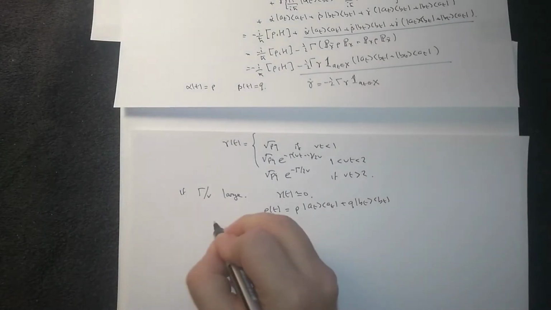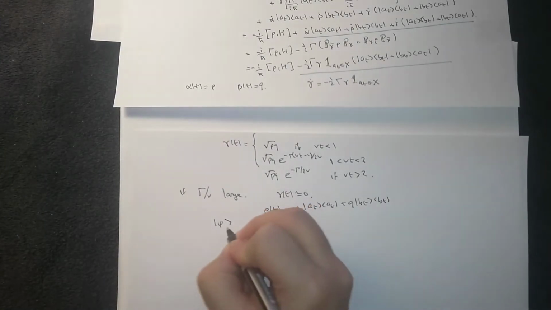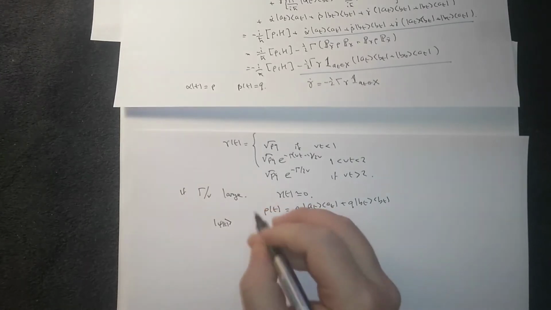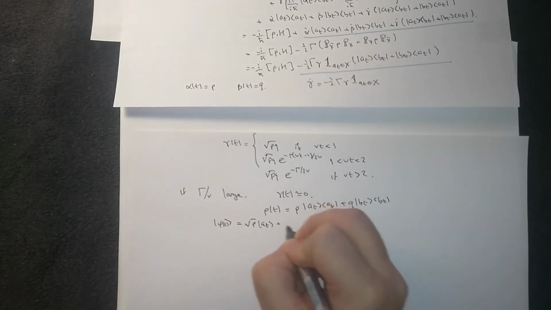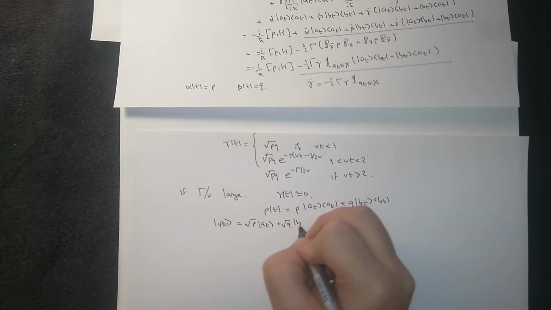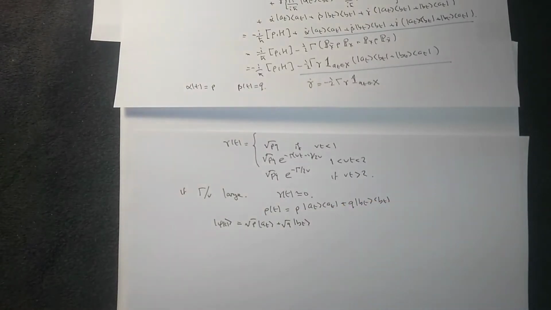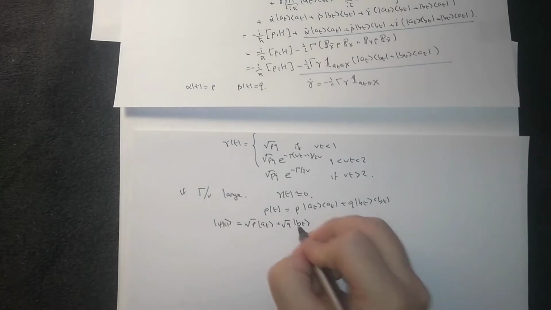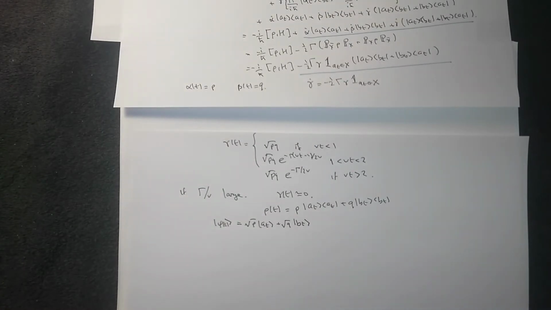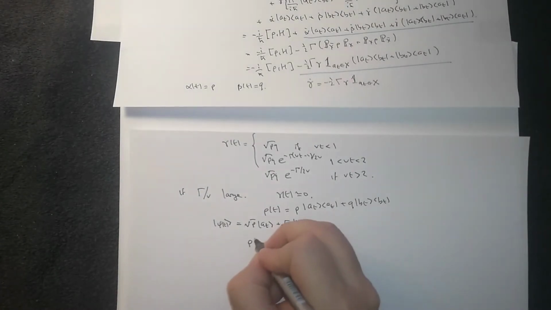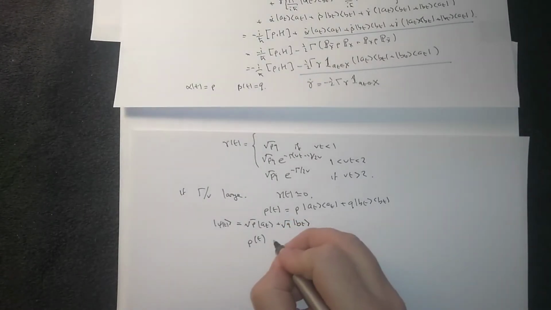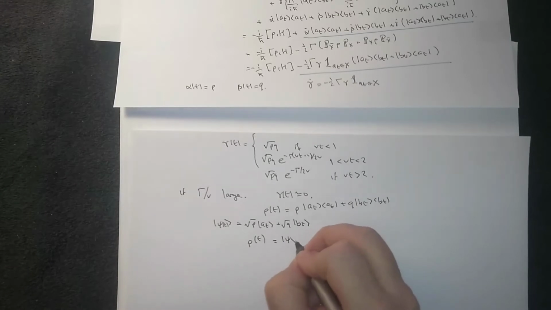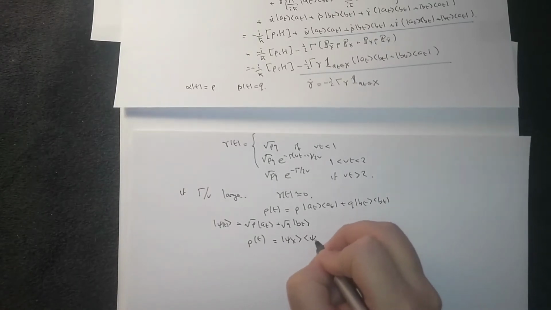Now, if I were to write psi of t equal to root p a of t plus root q b of t, so this is the evolution of the state in the absence of the detector, then we found that rho, when we do have the detector, is given by the following.